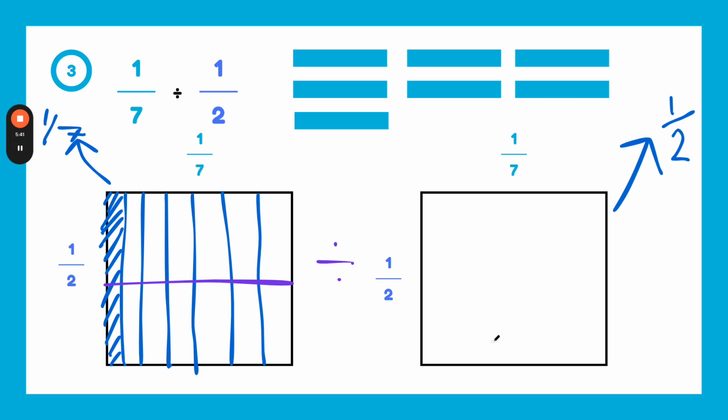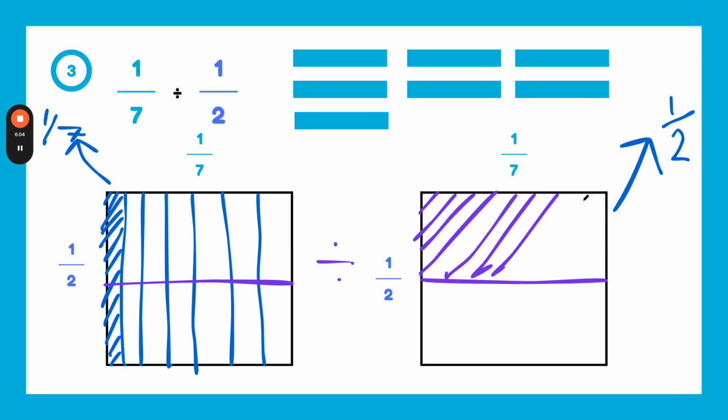So this square represents our half of the problem. If we split this square into half, and a half means we split the square into two and shade one of the pieces, then our half is represented.